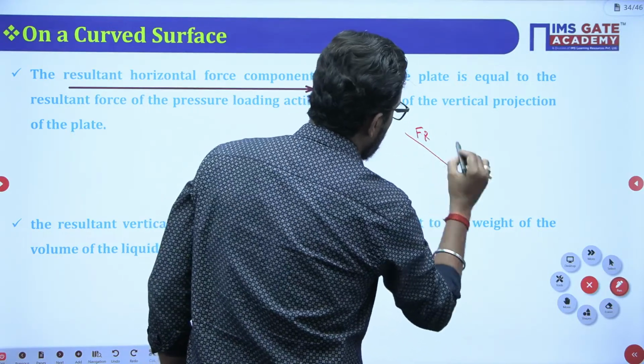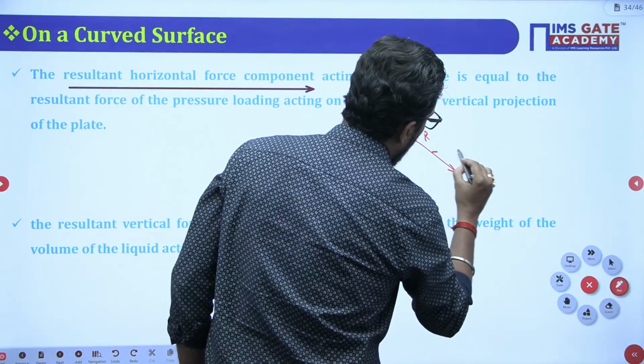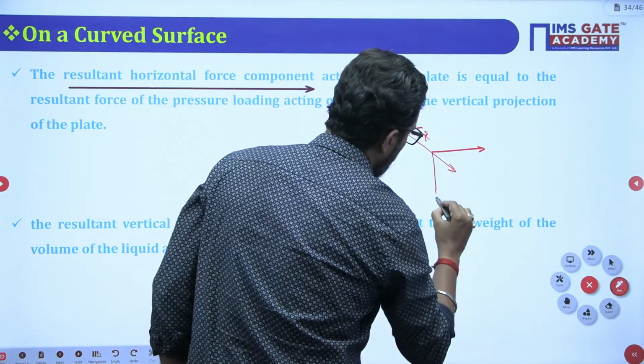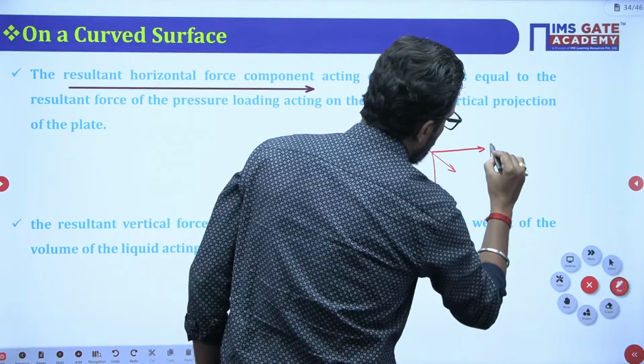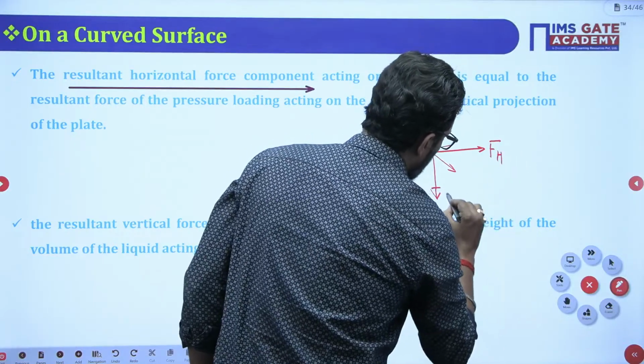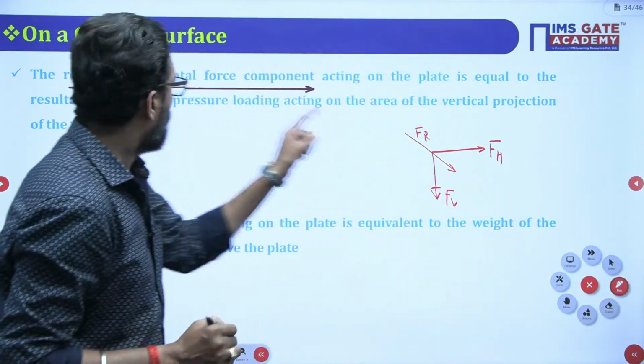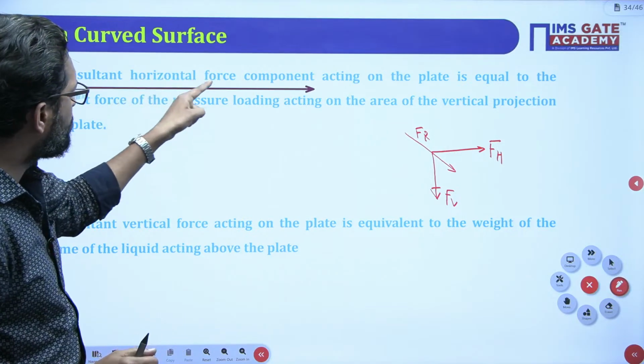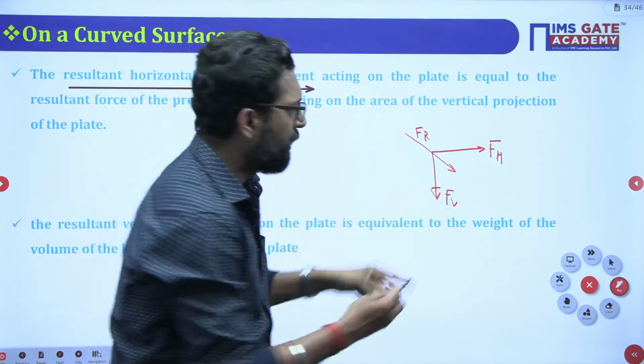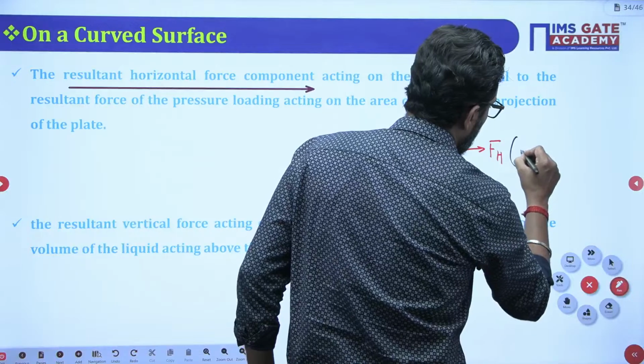This resultant force has a horizontal and a vertical component. So this is your horizontal force and this is your vertical force.